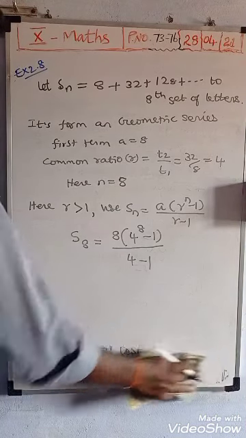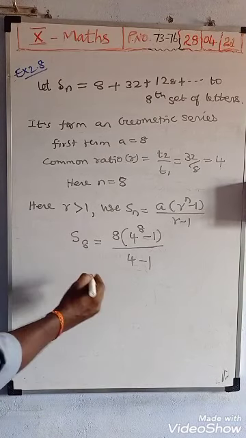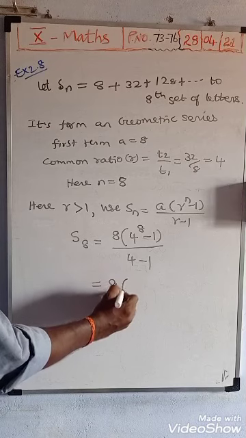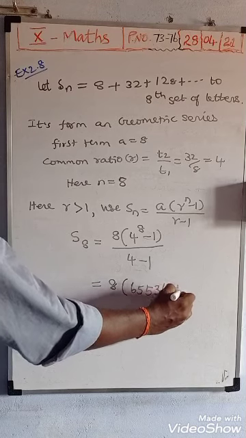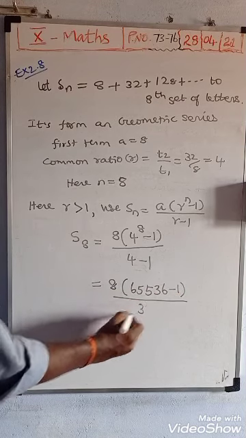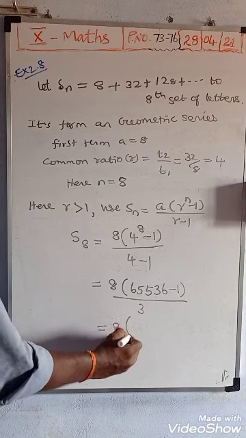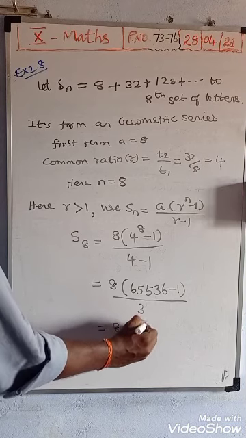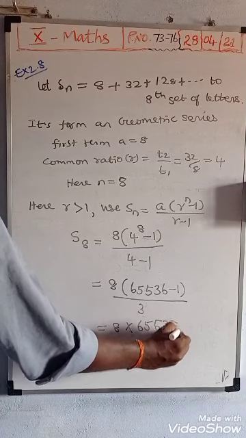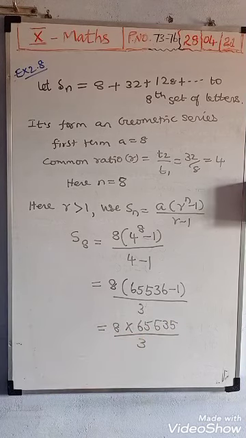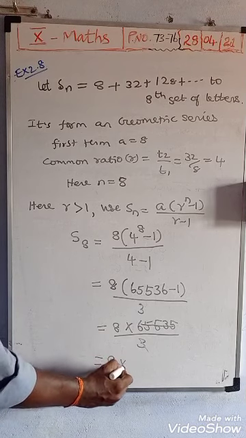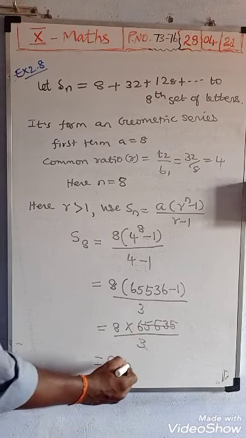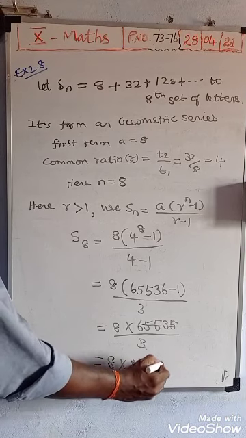Now the next step. 8 times 4 power 8, which is 65,536 minus 1, divided by 3. Simplify: 8 into 65,535 whole divided by 3. Now 3 divides 65,535, and we receive 21,845.